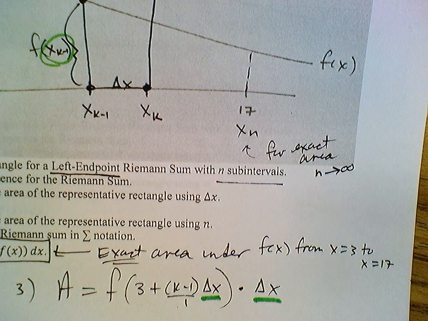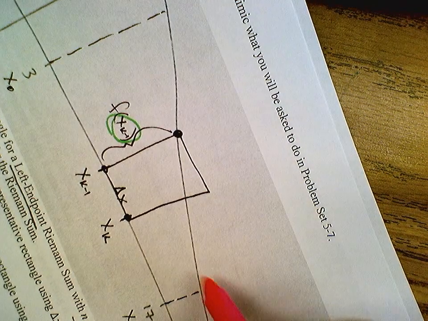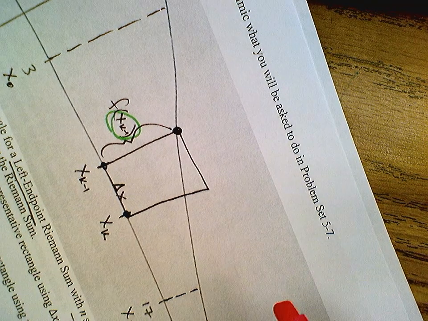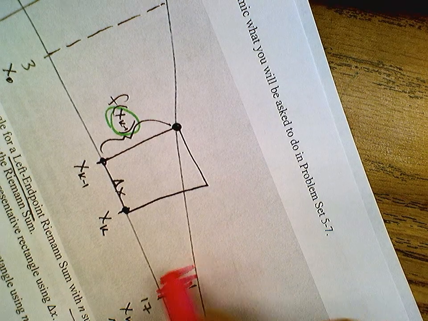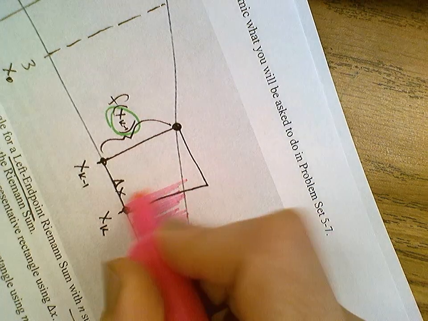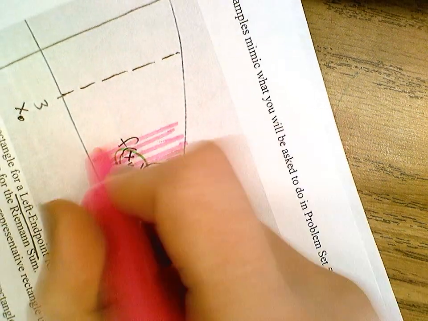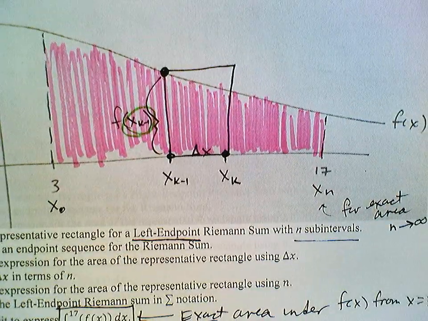And if n is infinity, then, obviously I can't draw infinitely many rectangles, but let me just give a little visual. Instead of having n rectangles, when n goes to infinity, you have infinitely many rectangles. I'm doing my best. And then that gives you the exact area.